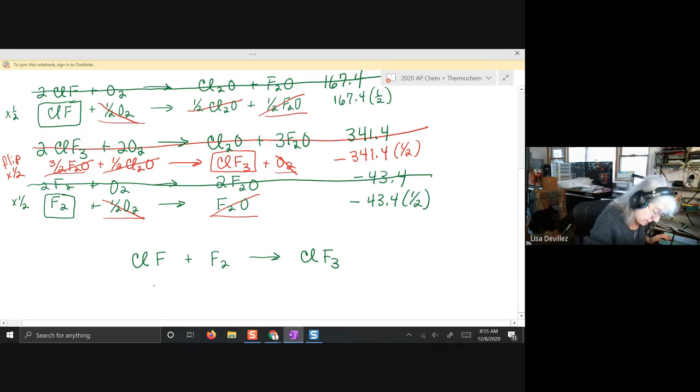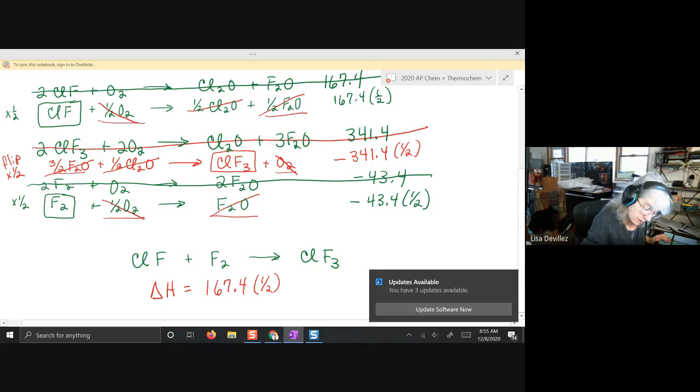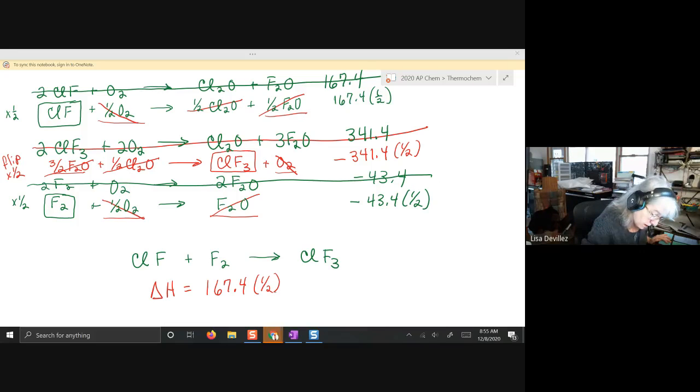Now my delta H for this equation is going to be 167.4 times 1/2, plus a negative 341.4 times 1/2, plus a negative 43.4 times 1.